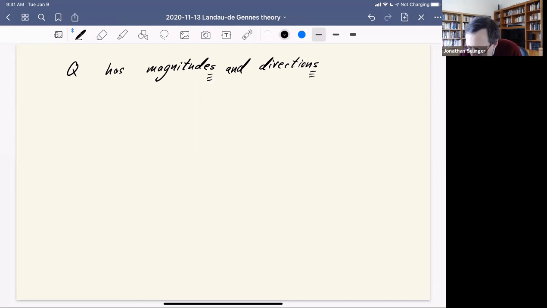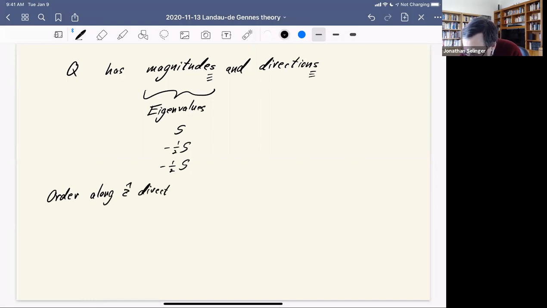In this case, the eigenvalues are S, minus 1/2 S, and minus 1/2 S. We know that because in the case where order is along the Z direction, we already figured out that the Q tensor is minus 1/2 S, minus 1/2 S, S, and 0 for all the off-diagonal elements.